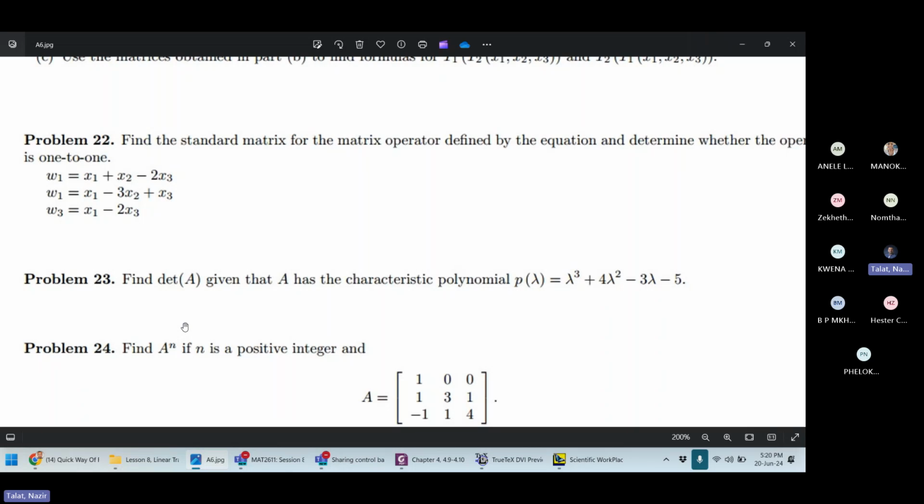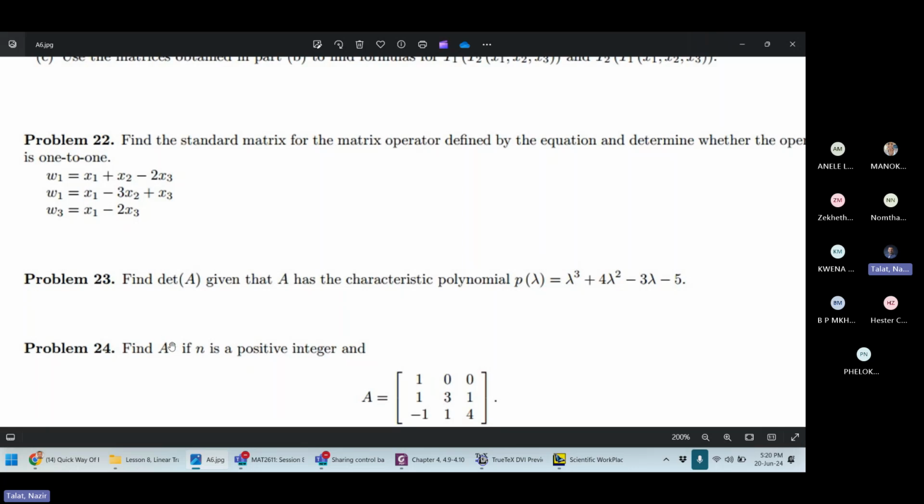Someone asks you, if A is a matrix, what is the formula for A power n, where A is given and n is any number? And that formula will work for any n. For instance, A power n can be 1 power n, 0, 0, 1, 3 power n, 1 power 2n, minus 1 power n, and 1 power n, 4 power n.